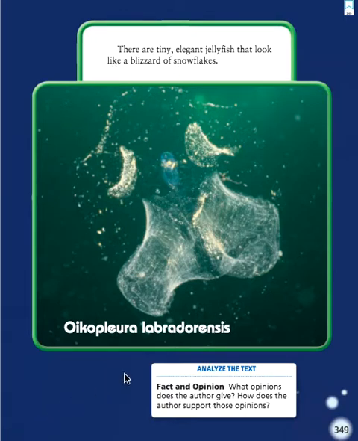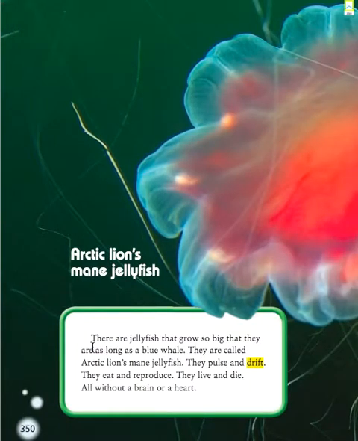Now, Mrs. Simon always has to just do her best when she's trying to pronounce the Oikopleura labradorensis. There are jellyfish that grow so big that they are as long as a blue whale. They are called Arctic lion's mane jellyfish. They pulse and drift.